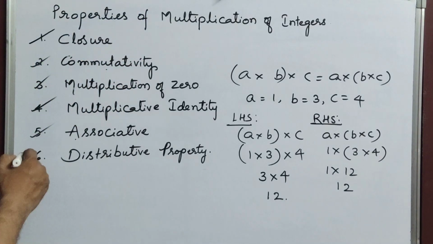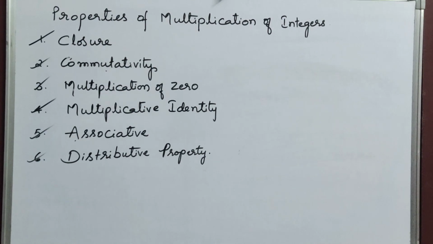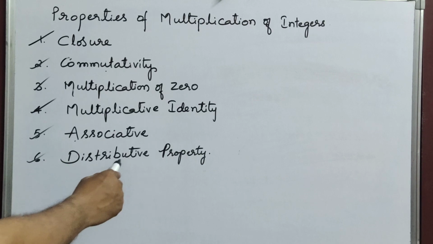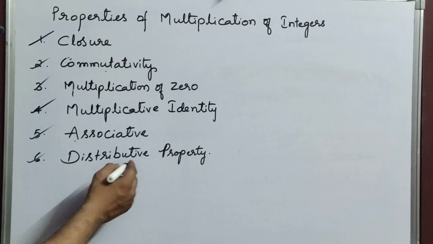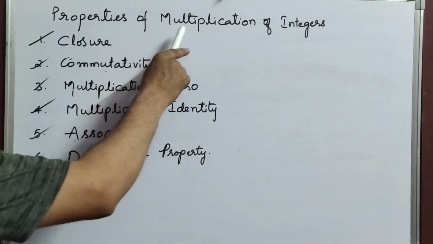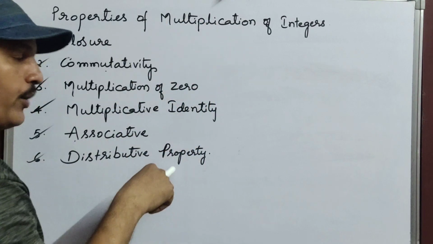Next, the last one is the distributive property. Distributive property of multiplication over addition.